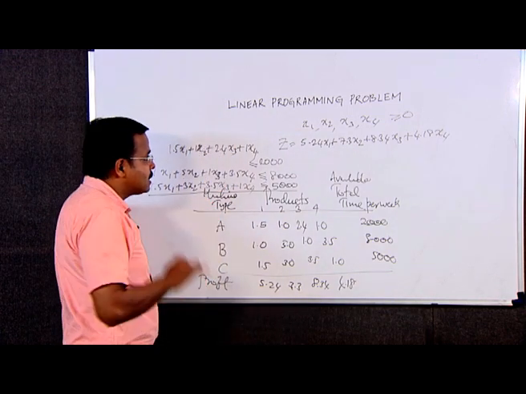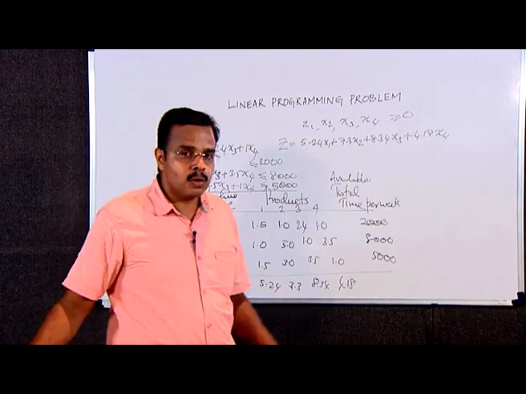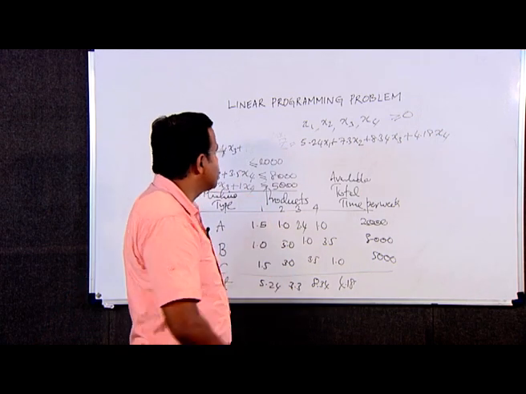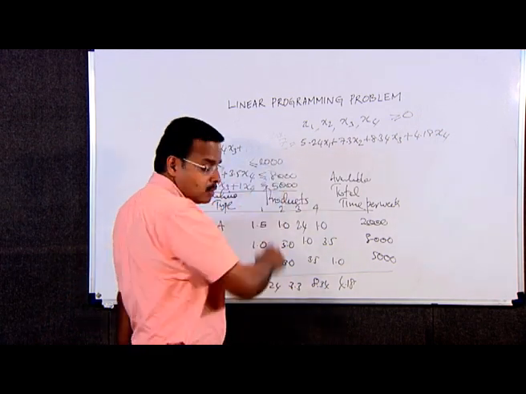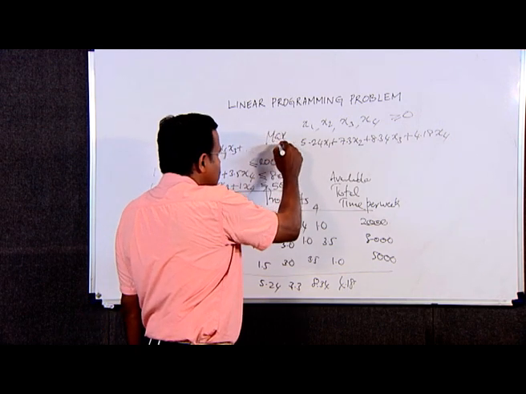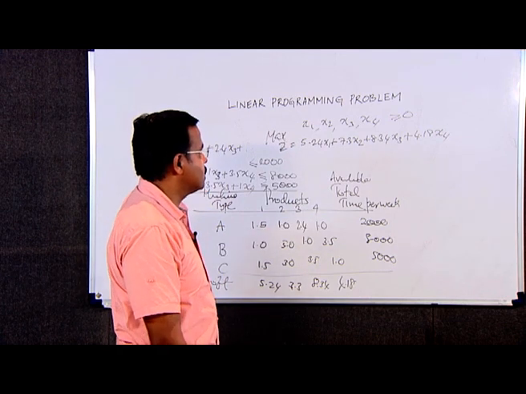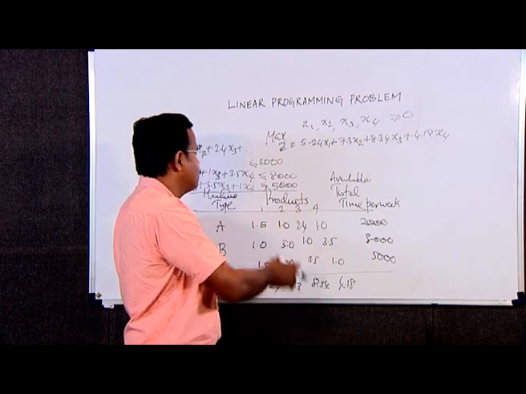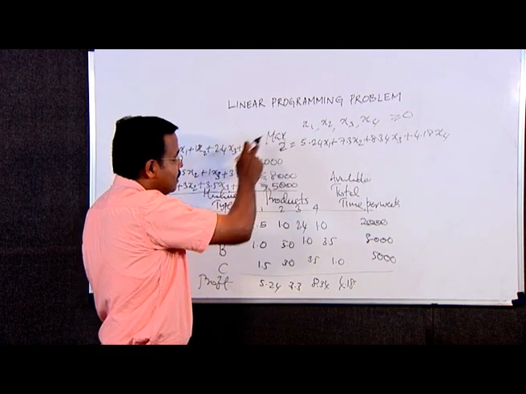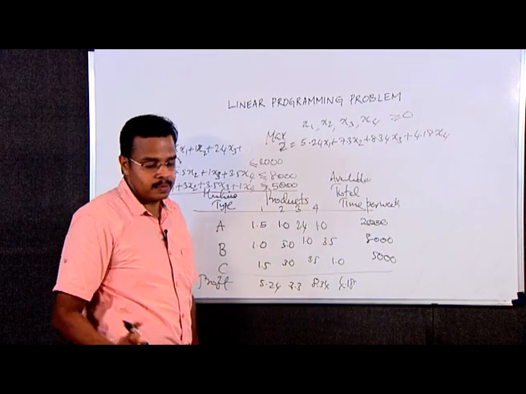Keeping all these restrictions, we want to identify the best values of x1, x2, x3 and x4 so as to maximize the value of Z. That is, our problem is reduced to a linear programming problem: maximize Z equal to 5.24 x1 plus 7.3 x2 plus 8.34 x3 plus 4.18 x4, subject to these three restrictions and the non-negativity conditions x1, x2, x3, x4 greater than or equal to 0.